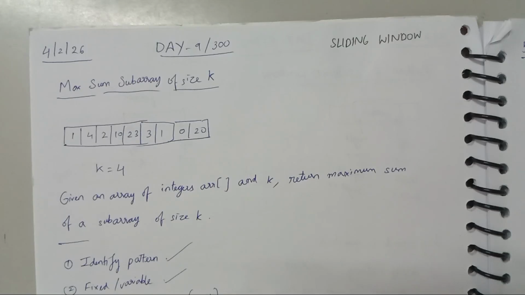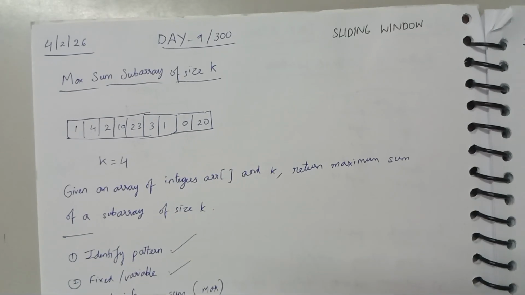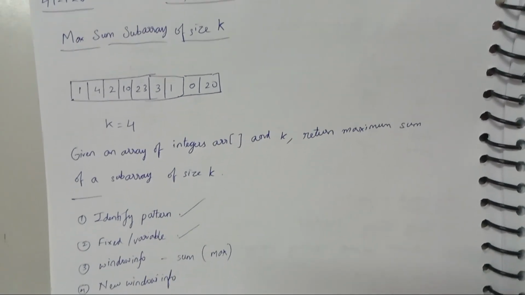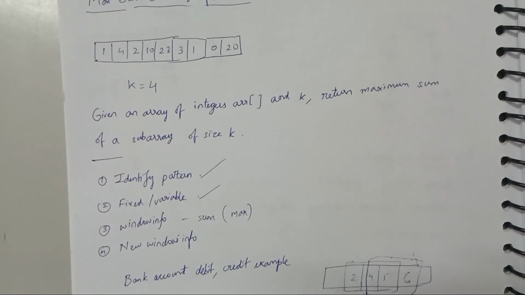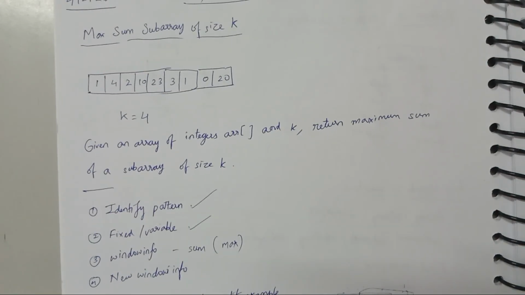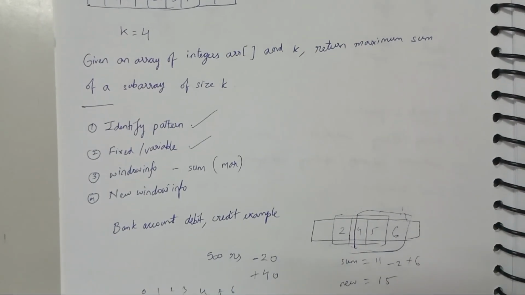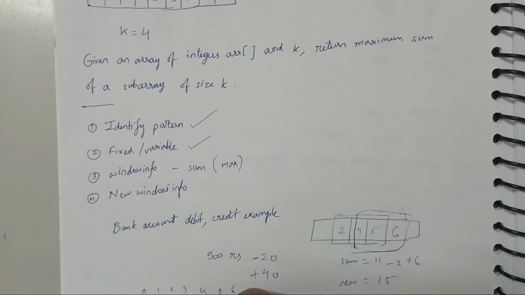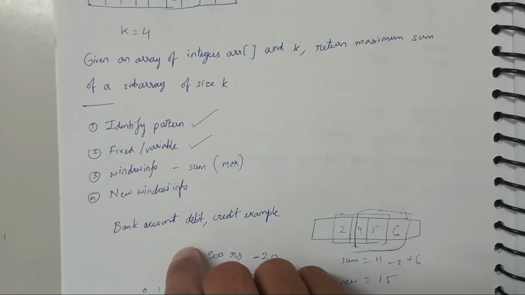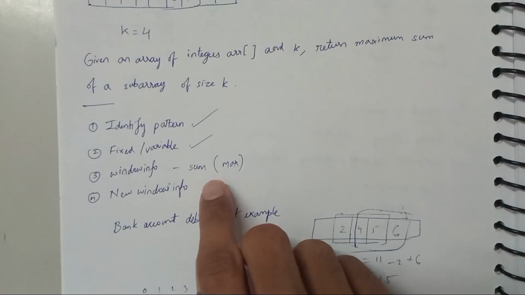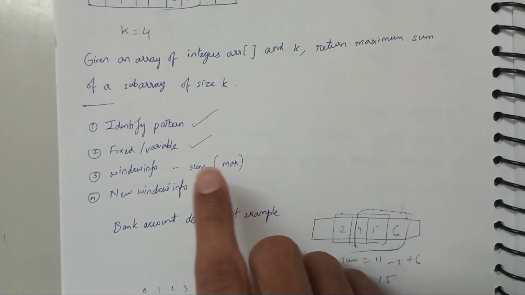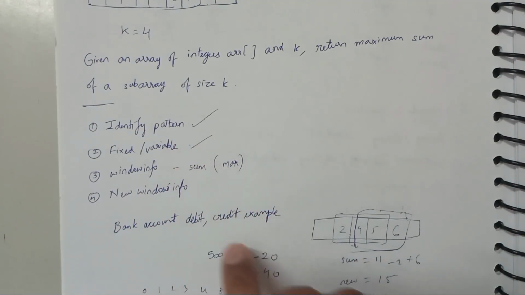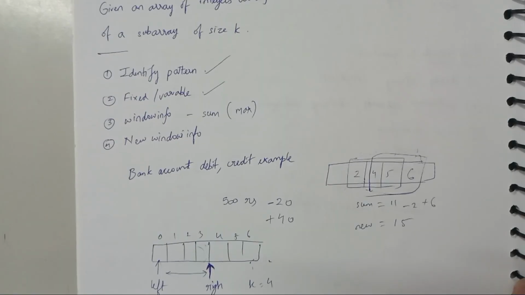So if we see this question, here we have this fixed size question in which we find maximum sum subarray of size k. So first we identify the pattern, it is a fixed window. Window size k, window information is sum and it is maximum, and then we find the new window info.